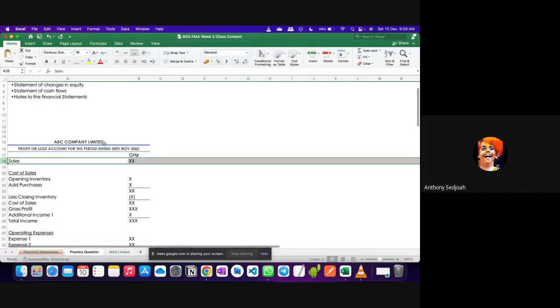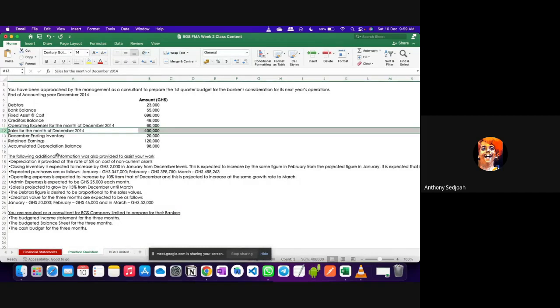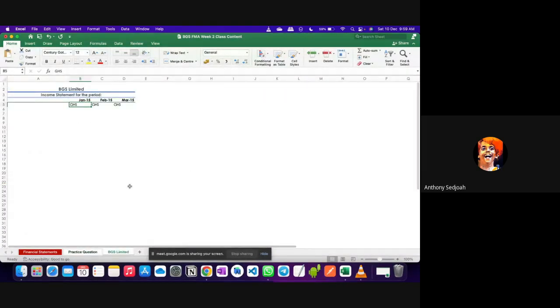We have the sales figure for December 2014. But if you come down here, the additional information, number 6, says that sales is projected to grow by 15% from December until March. So it means we have to work out the sales. The question didn't give a specific amount for the sales.